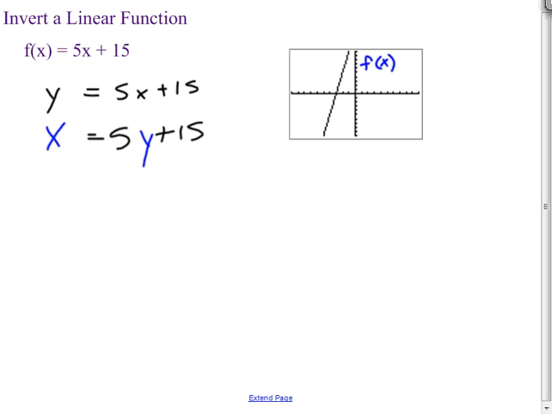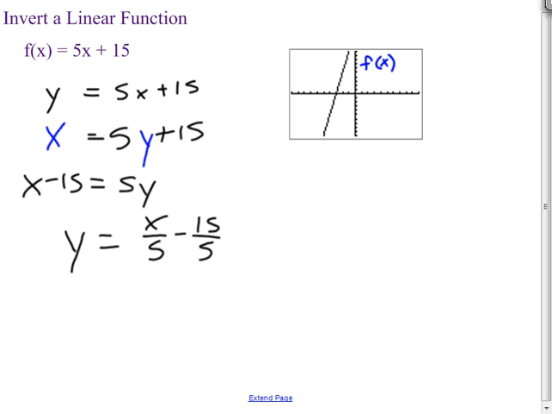We always find our equations so that our dependent variable is sitting by itself. So I have to solve this for y. So I'm going to subtract the 15 over, divide both sides by 5. I'm going to switch this around so it's normal. Therefore, y equals 1/5 x minus 3.